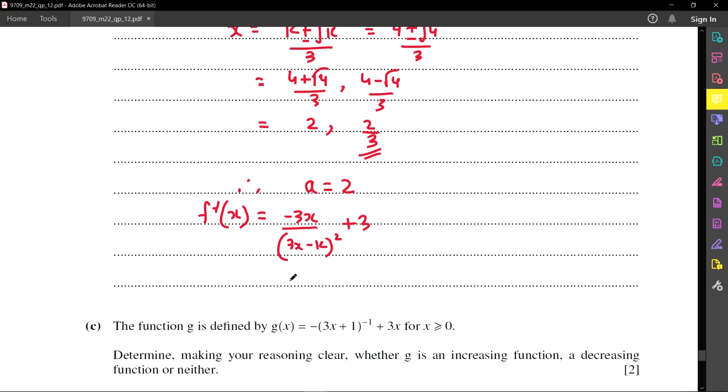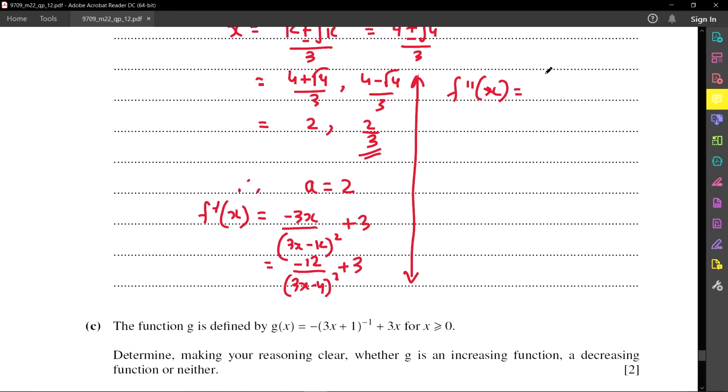So when you plug in the k value here, k is 4, you get minus 12 by 3x minus 4 whole square plus 3. So in order to find the nature of the stationary point, we need the second differentiation. So let's differentiate the f dash of x again.